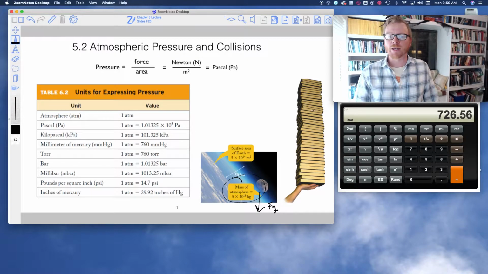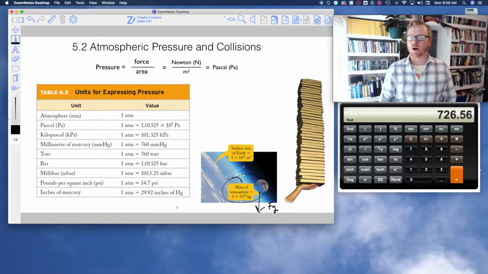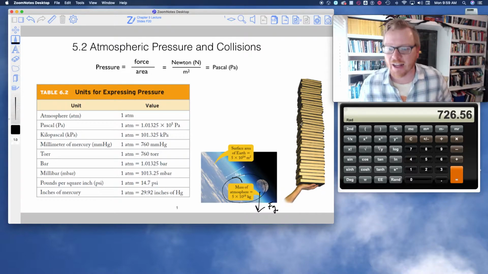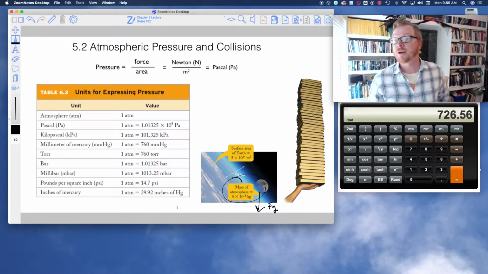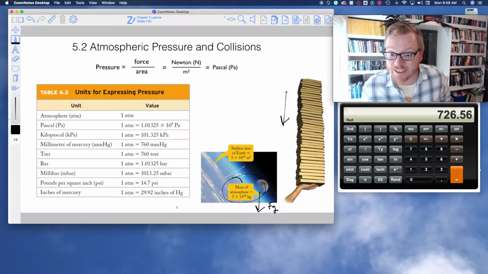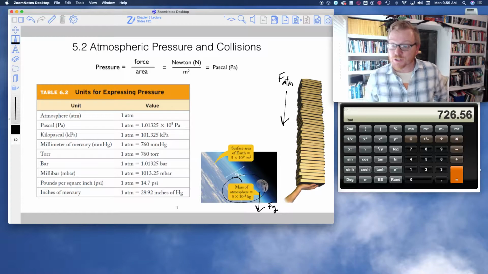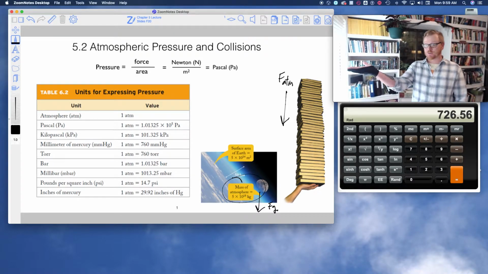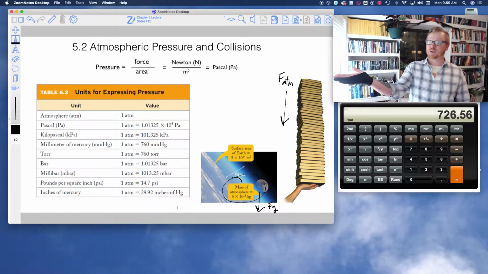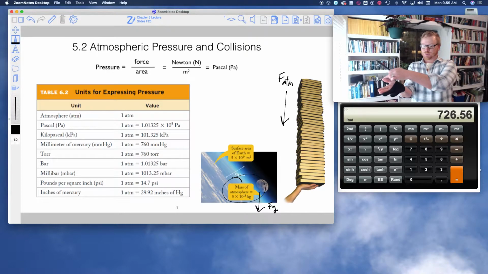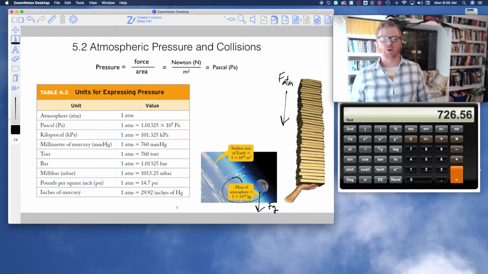Gilbert, the author of our book, did a really cool calculation and said the equivalent force of the atmosphere is if you took your hand out like this picture is showing, and I've lost track of how many books there are here, but this is accurate for the force due to the atmosphere. This number of books balanced on your single hand, right? The square area, the surface area of my hand, and the mass of all of those books.